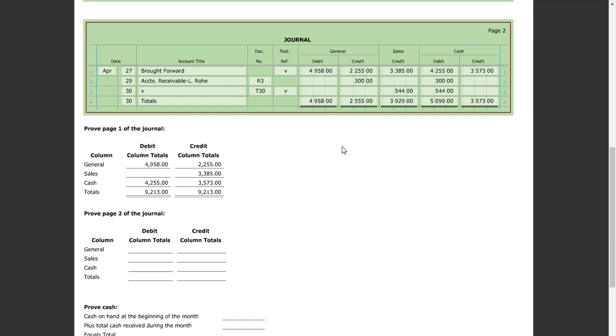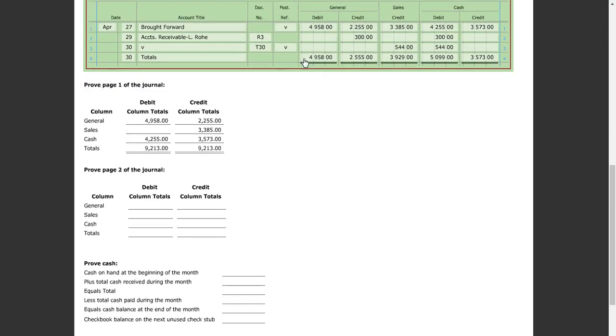Just like we did for page 1, once we have our totals in the bottom of page 2, we have to prove, and they gave us a spot to prove our numbers.